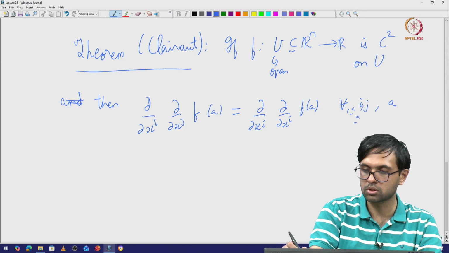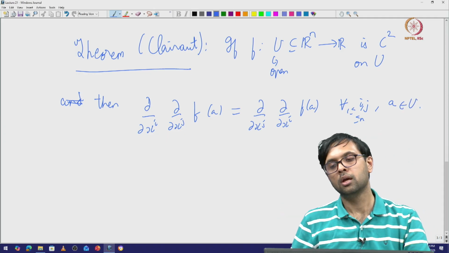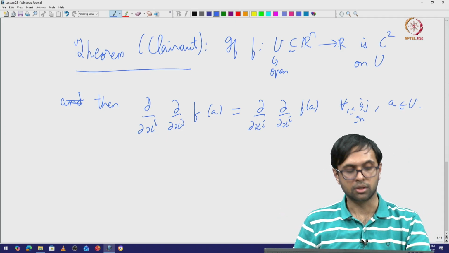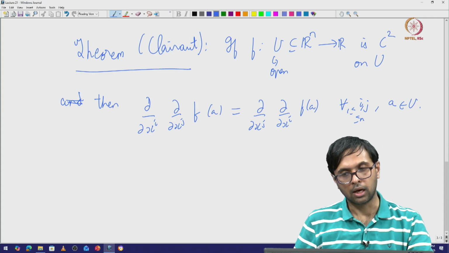Here i and j of course belong to N and a is in U. So if you're a C2 function, then the mixed partial derivatives are equal.